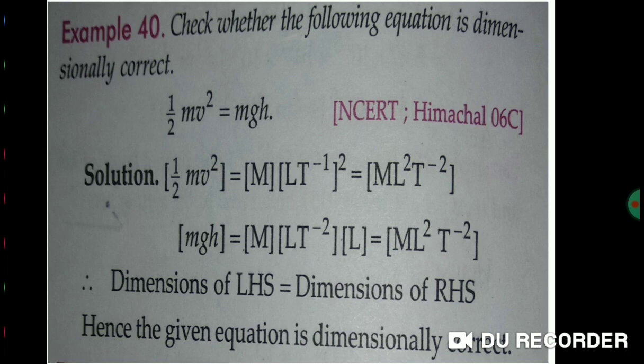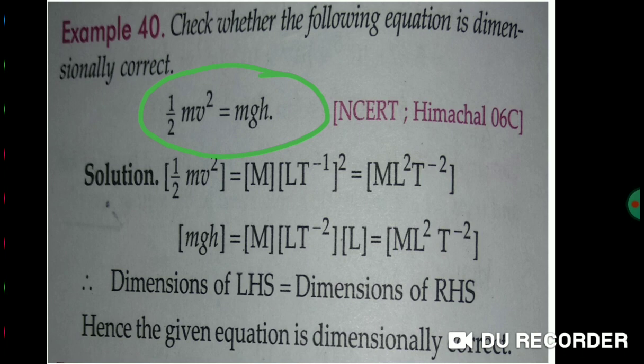Now, I'll give you one example. Check whether the following equation is dimensionally correct or not. So let's start. The formula given is half mv square equals mgh.